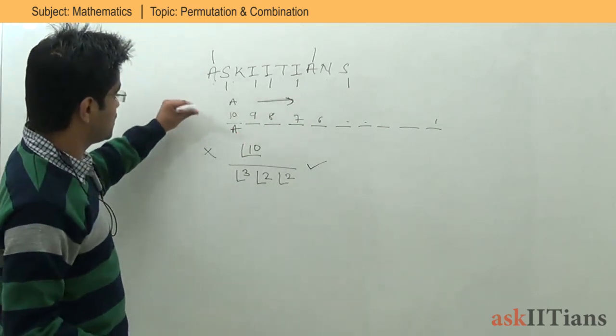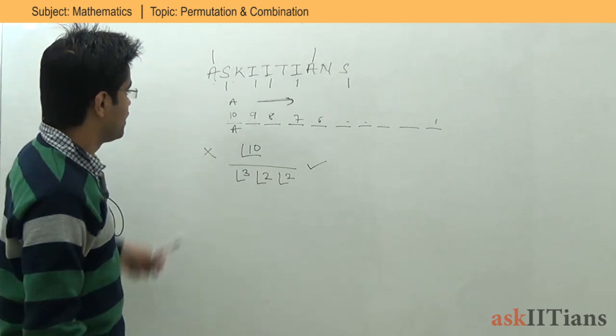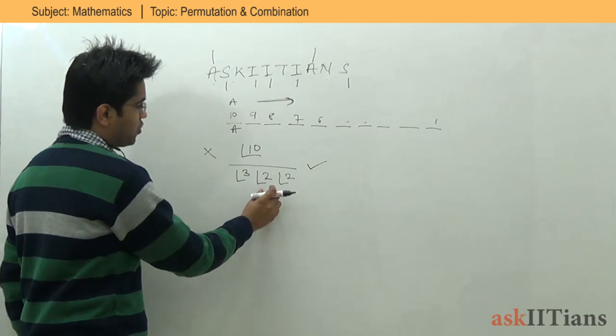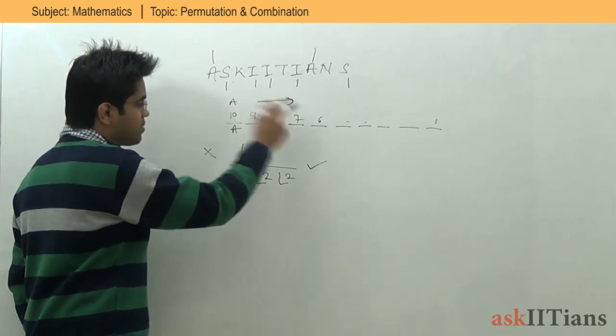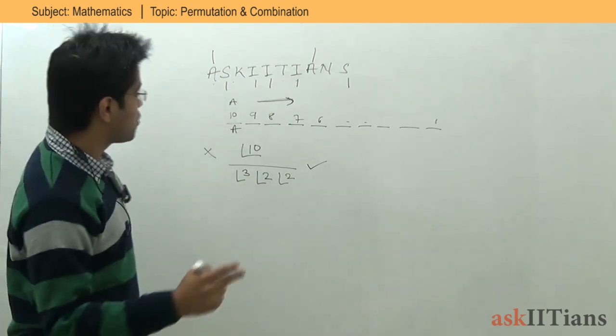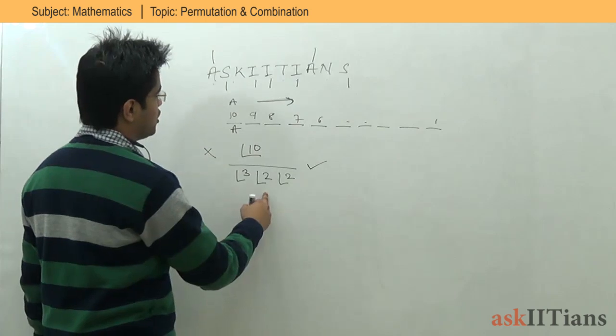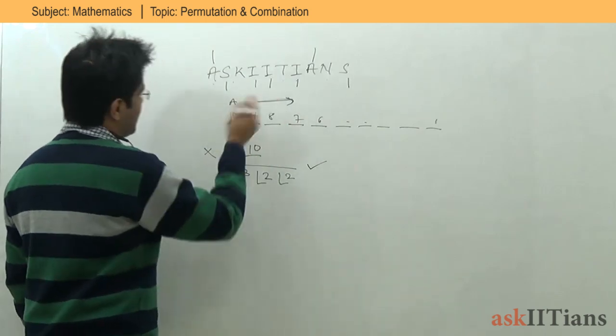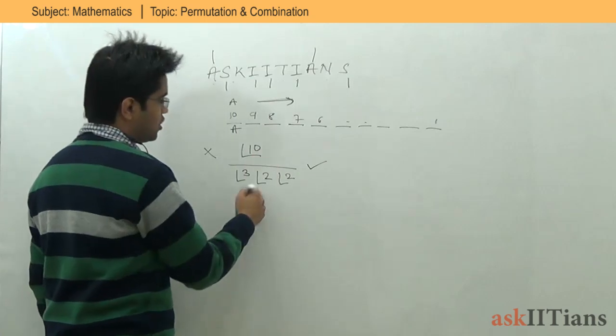So these 2 arrangements are the same, and if we do not divide by factorial 2, we are counting the same arrangement 2 times. That is why we need to divide by factorial 2, and in the same manner for I we need to divide by factorial 3, and for S we need to divide by factorial 2.